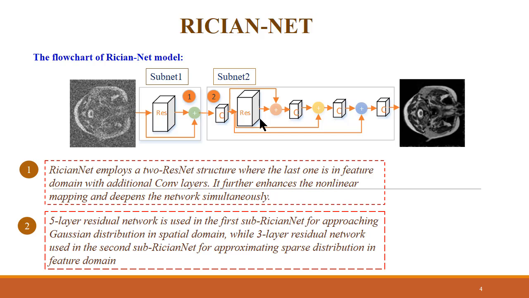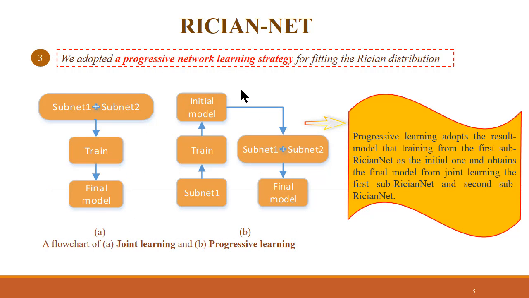In this work, we assume that Rayleigh noise can be modeled by a Gaussian noise plus another noise whose distribution is irregular, but which we observed is sparse in the feature domain. That's what we assumed.